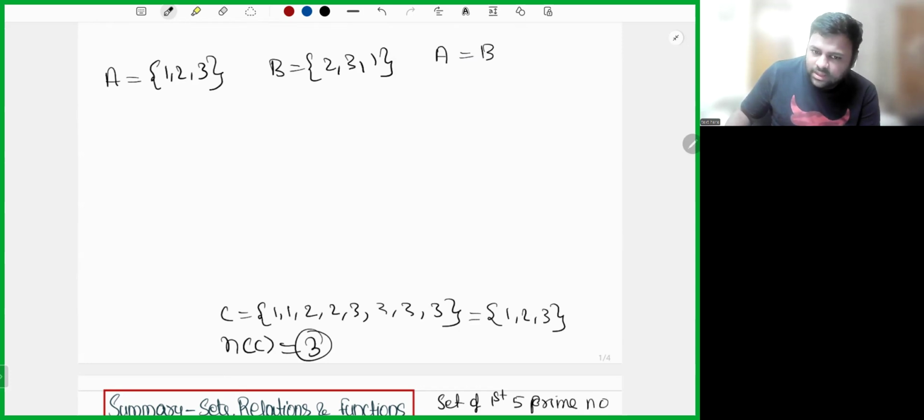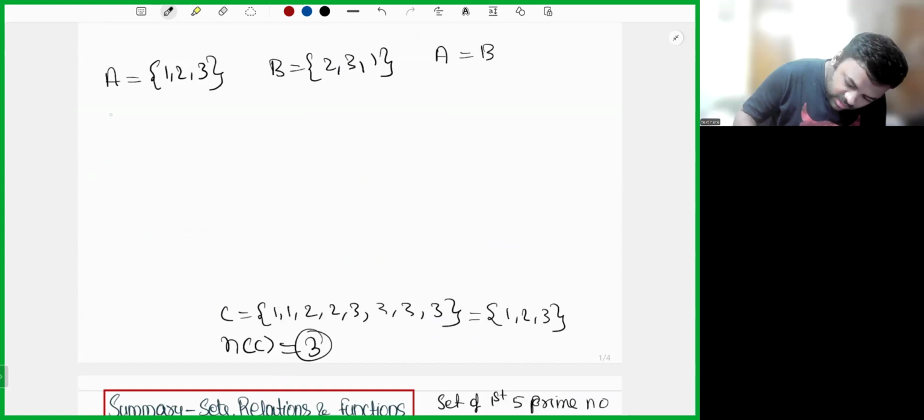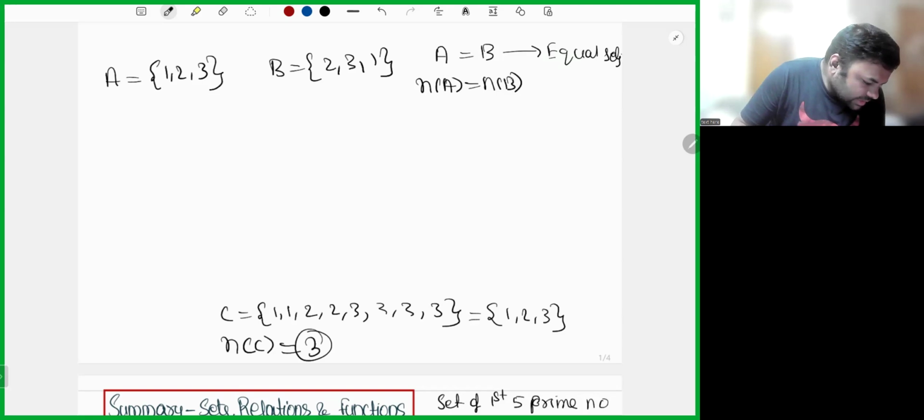So they are equal sets. Again, I'll say n of A is equal to n of B also. So first I'll say they are equal sets, and next I'll say they are equivalent sets. Both things can be said.